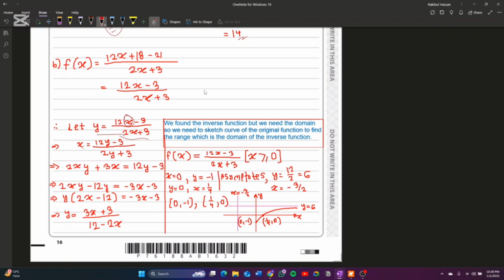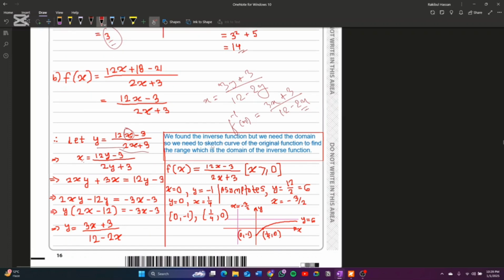It's either this, or you can also write x equals 3y plus 3 divided by 12 minus 2y. In this case, you just write f inverse x is equal to, and convert all this y into x. So 3x plus 3 divided by 12 minus 2x. All right, so this is our f inverse x.